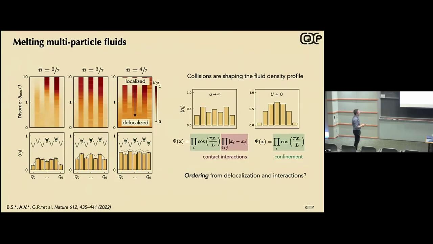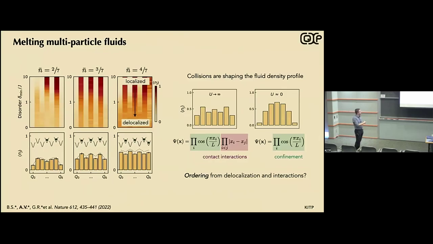But now if you take your analytical many-body ansatz wave function, and now you put this penalty through these contact interaction terms to have a penalty to have two particles on the same site, and then you calculate what is the expectation value for your density profile, then you start to see that your theory is now agreeing with what you're measuring, that the density profile has a strong dependence on the number of photons you're delocalizing, and it's sort of implying that the collisions are shaping the density profile.